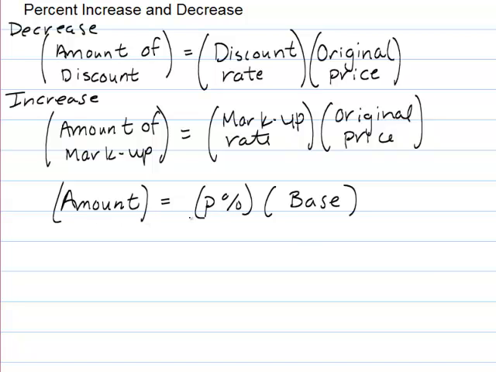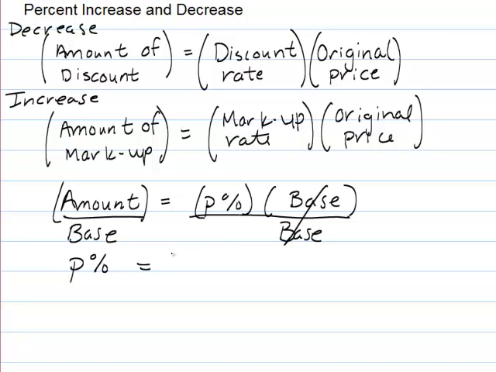We have our percent equation, and again we can rewrite this percent equation to solve for the percent rate by dividing by base on both sides. Percent rate equals the amount divided by the base.